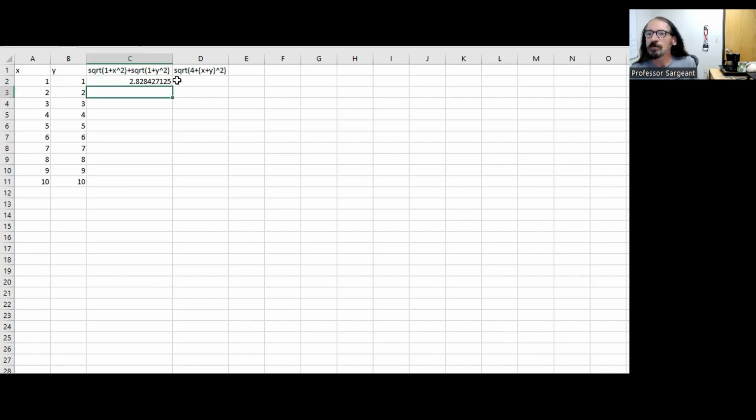And we get that. Whereas in the last column, we want 4 plus the square of the x and the y. And let's fill these down.